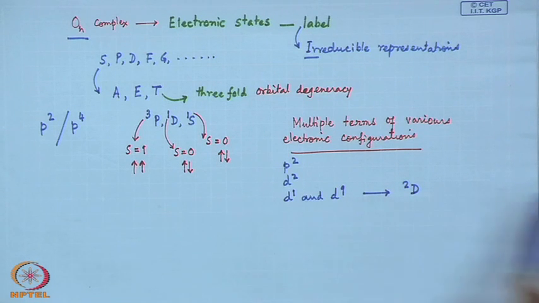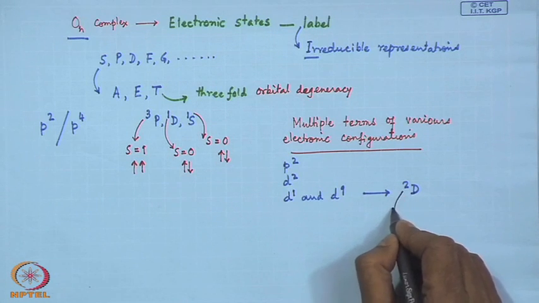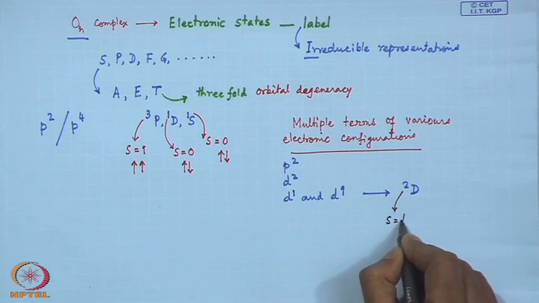So, one unpaired electron is giving rise to a single half spin. So, the capital S is equal to half.